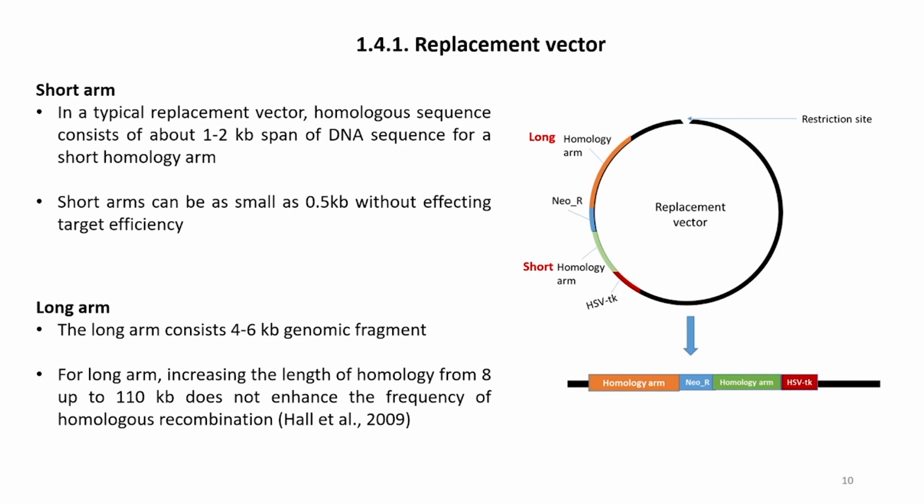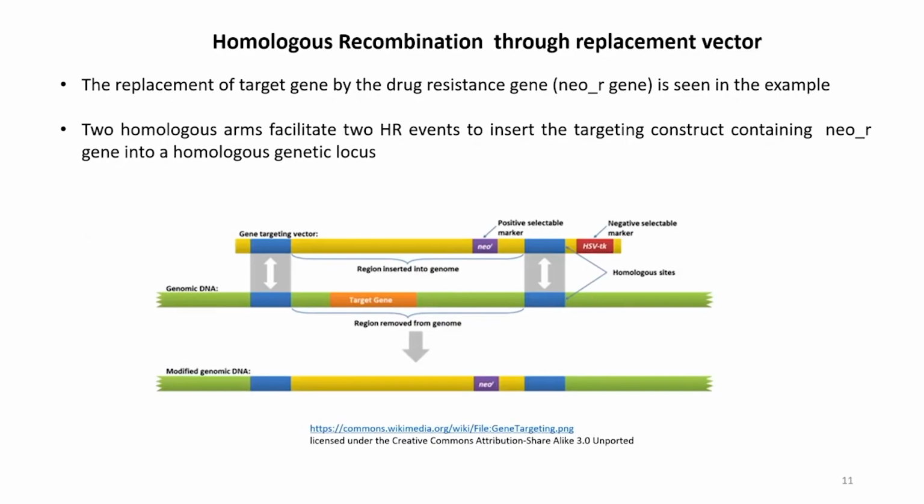In the long arm, there is around 4 to 6 kb genomic fragment. Here increasing the length of homology from 8 to 10 kb can be done, but it does not enhance the frequency of homologous recombination. So, it is better to retain an optimum length.